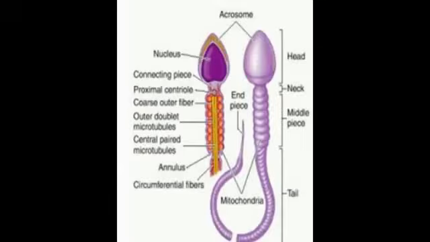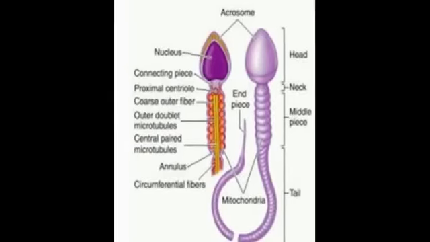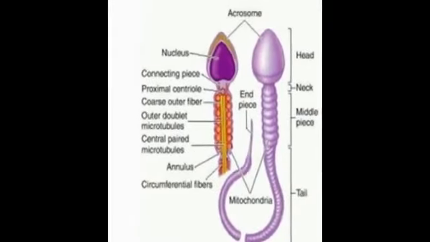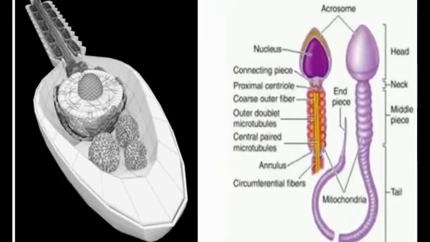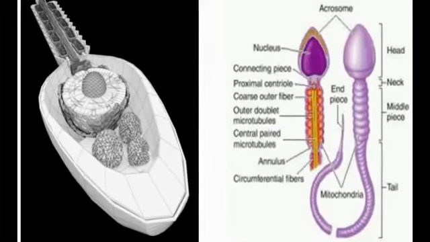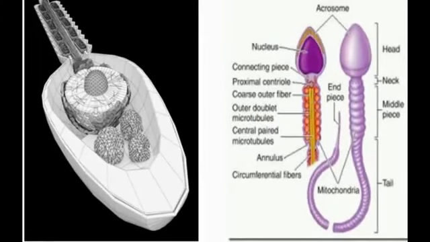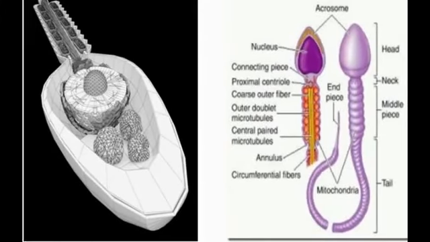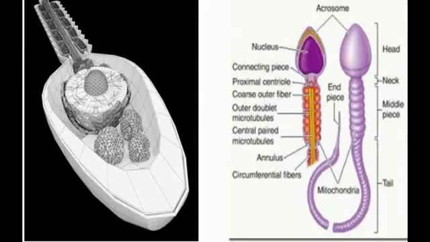It is exactly like a reactor with a core. In the middle is the cross section of the spermatozoid. Inside of the spermatozoid, it is like a spoon in shape, with a nucleus and many organs which support the movement of the spermatozoid.